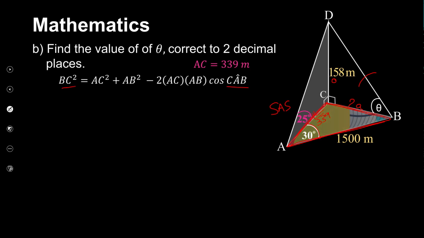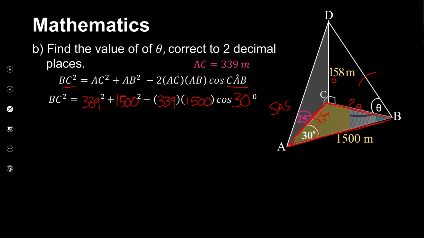Okay, and we're going to plug in all the values that we have. So AC squared is 339 squared, AB squared is 1,500 squared, and CAB was our 30-degree angle.